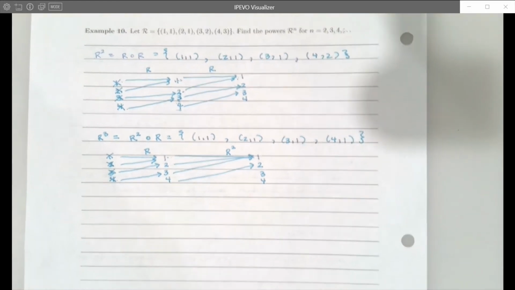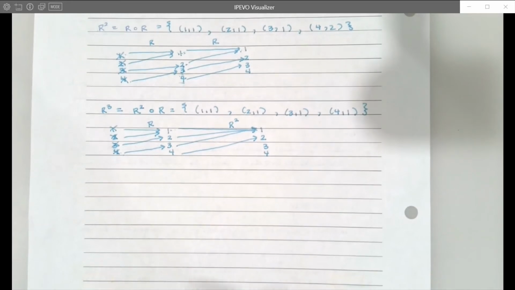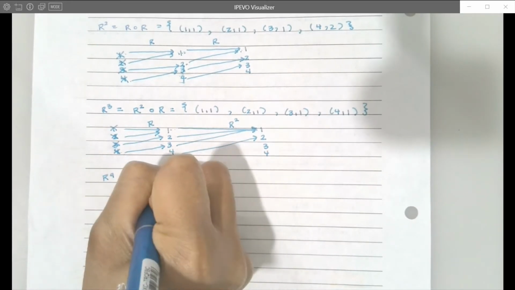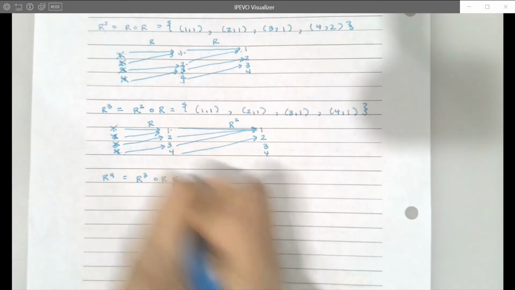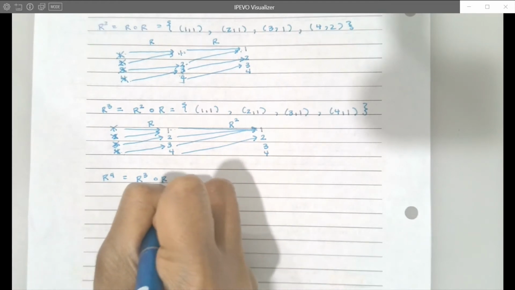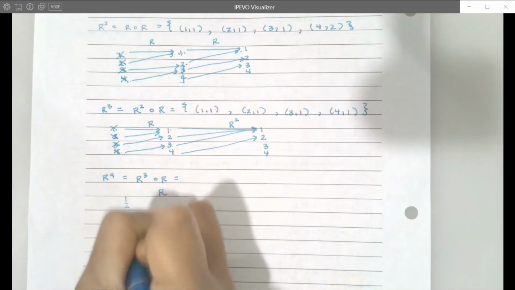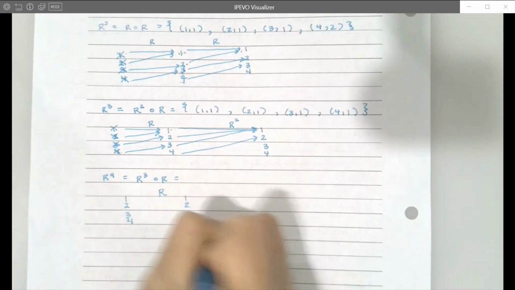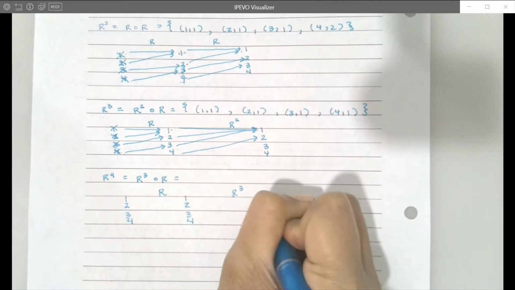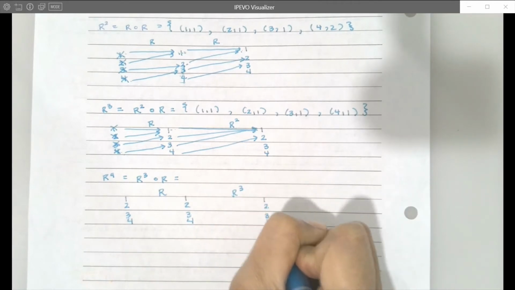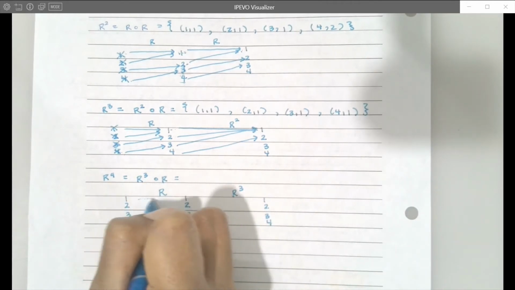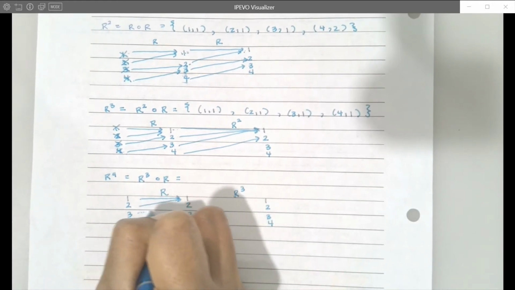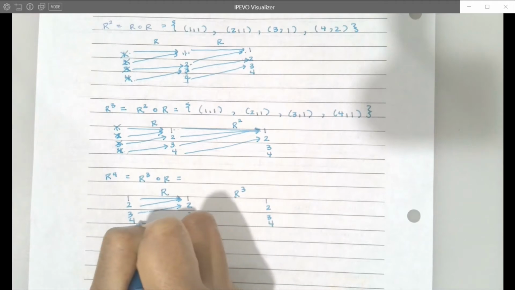And that is R3. Next, we're going to consider R4. R4 is now going to be R3 of R. So again, we'll draw what R maps. And we'll draw what R3 maps. So 1 to 1, 2 to 1, 3 to 2, 4 to 3.